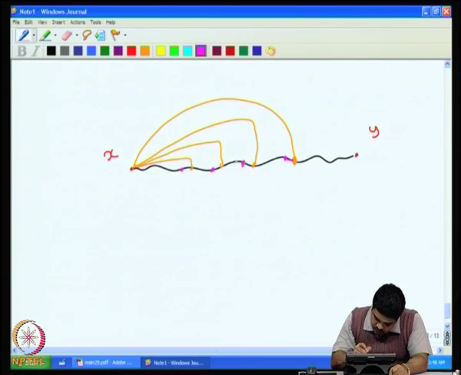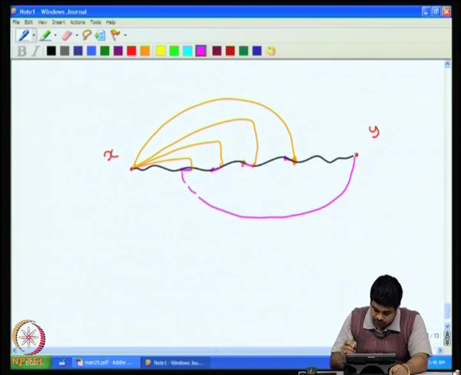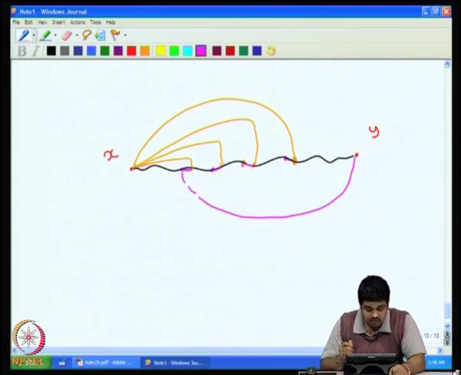If even one of them is adjacent to y, then we can convert this Hamiltonian path into a Hamiltonian cycle.